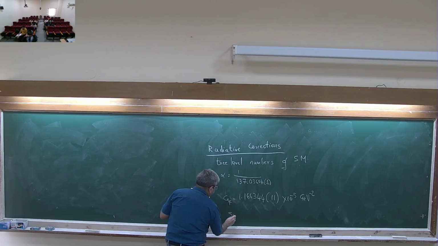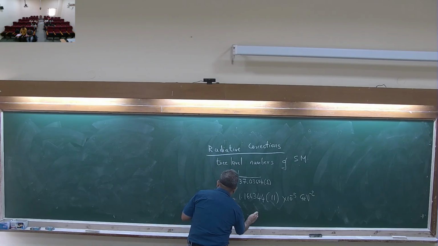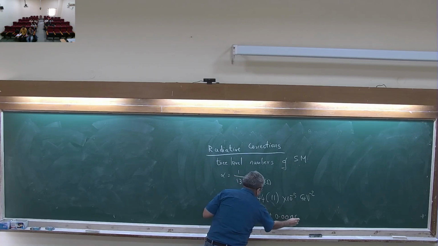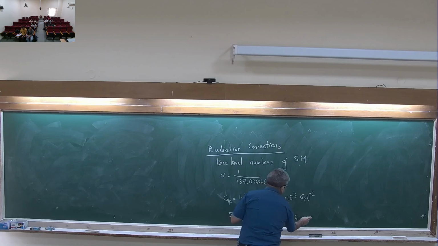and then sin square theta W is equal to 0.231 plus minus 0.0006. This is coming from neutrino scattering.